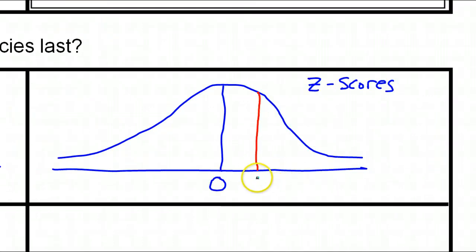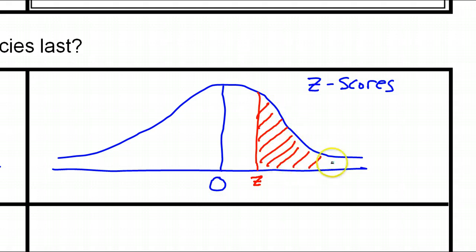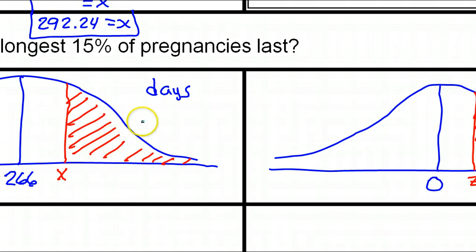Okay, but this is a z-score that we are looking for. But it's still the top 15%, so we will still shade this and call it 15%. Oh yeah, I should label this also. This red stuff, that's 15% of the data. So let's find X and let's find Z.